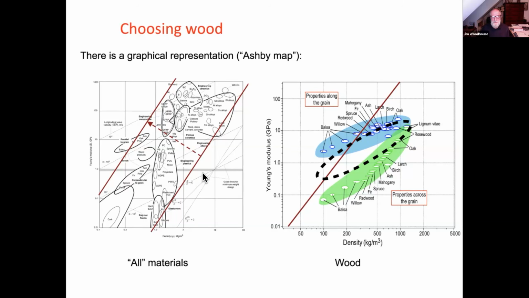Now this is exactly the same diagram, except that this is all, in some sense, all engineering materials, not just wood. So it's got 2 islands for wood parallel to the grain and wood perpendicular to the grain, which are the ones we've got in the right-hand diagram, but it also shows you all the other kinds of materials. So this kind of blobby triangular shape here is all the metals. This vertical blob is all the polymers.